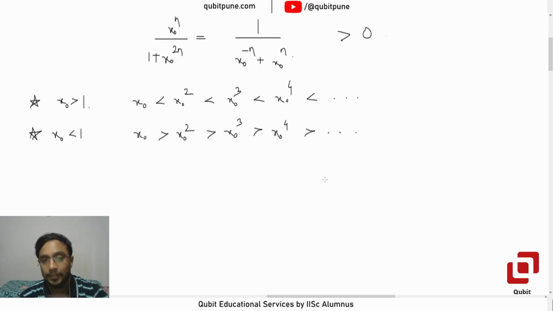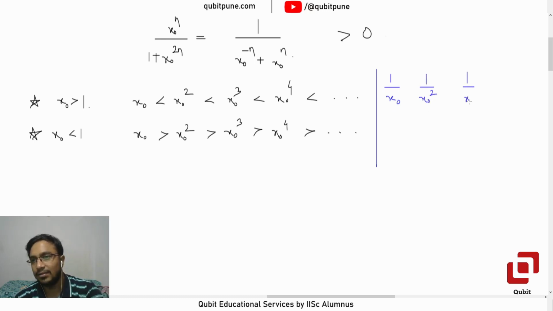But it is interesting to see that when it comes to the reciprocals, 1 upon x0, then 1 upon x0 squared, and so on, the sense of inequality reverses. Here also the same thing happens: 1 upon x0 is smaller than 1 upon x0 squared, smaller than 1 upon x0 cubed.